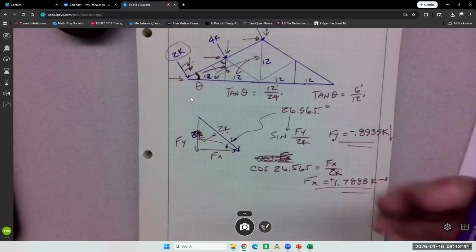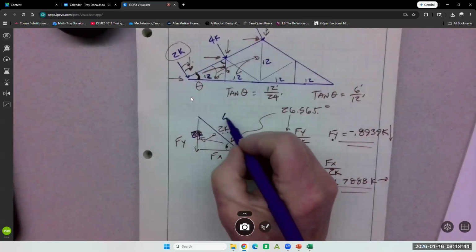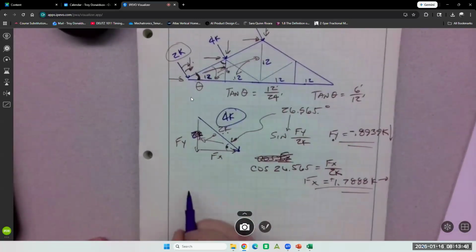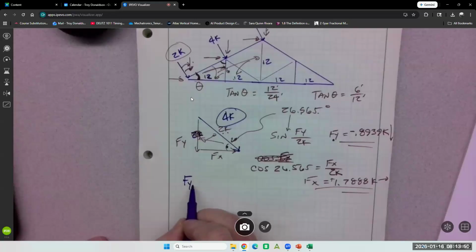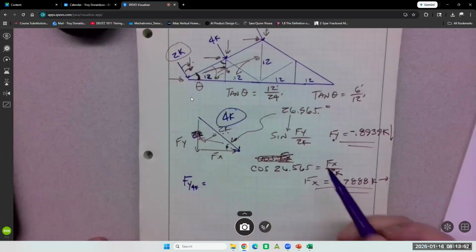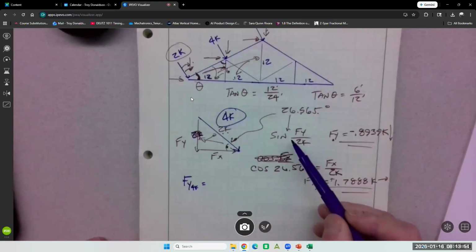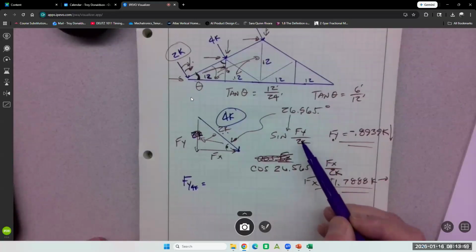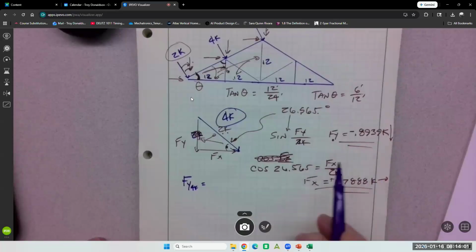So for the 4K, it's going to be the same angle. We just need to sub in 4K. All right. So Fy for the 4K is going to be this same equation, but it's 4 instead of 2. Yep, exactly.